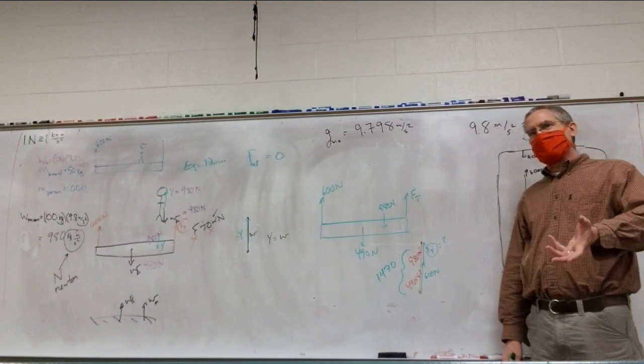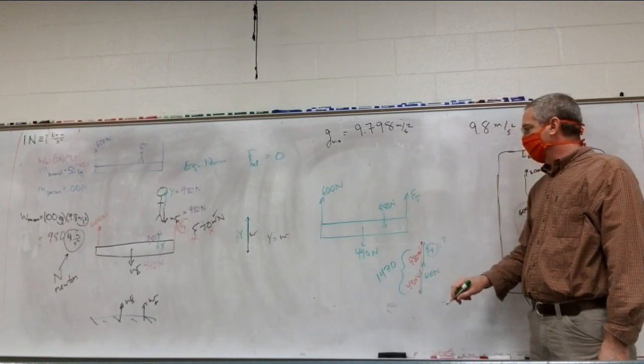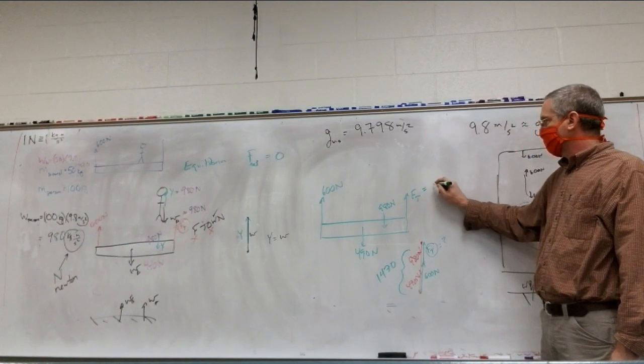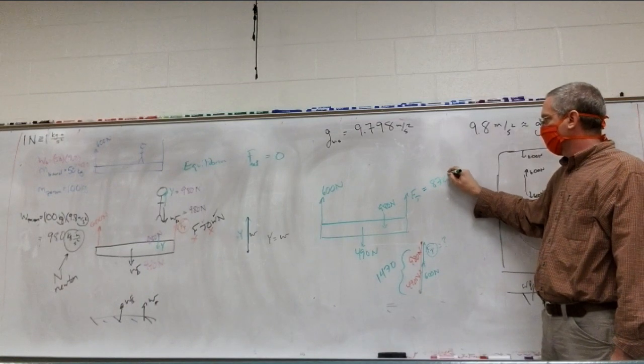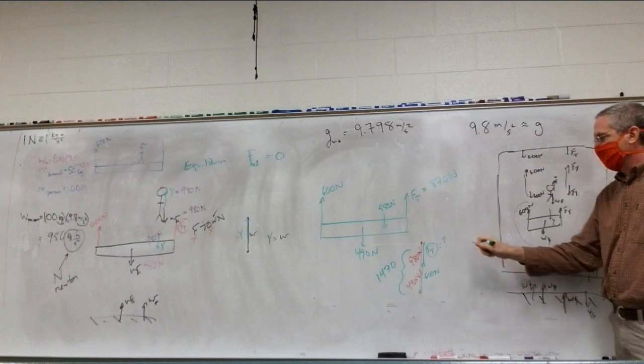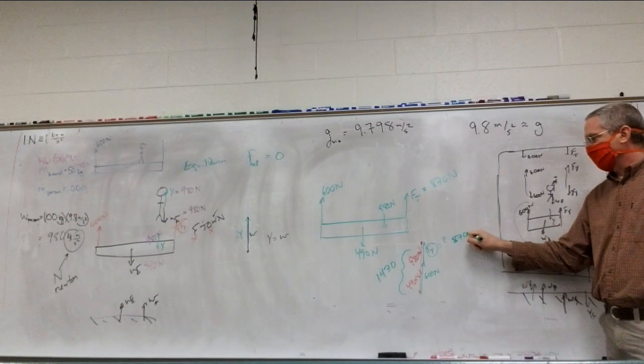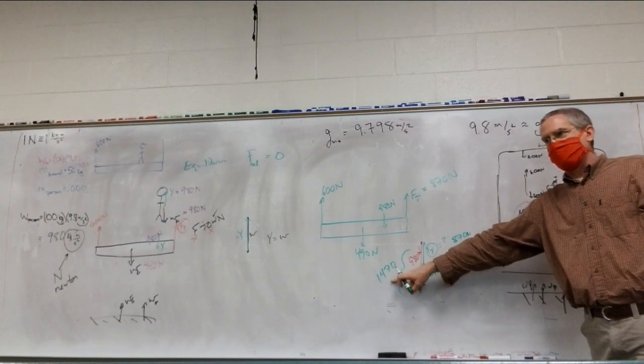Therefore, 1470 must be holding it up. 600 have already been accounted for. So this has to be 870 newtons. So I've done my math right. 600 plus 870 is equal to 1470.